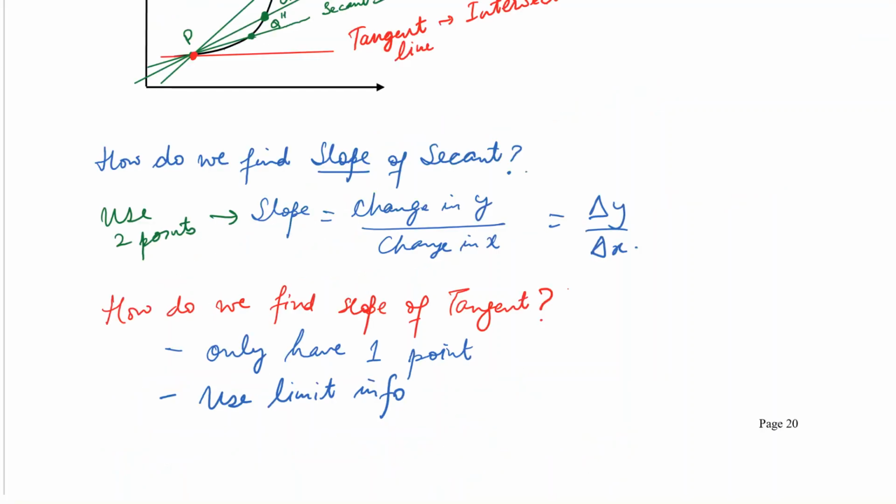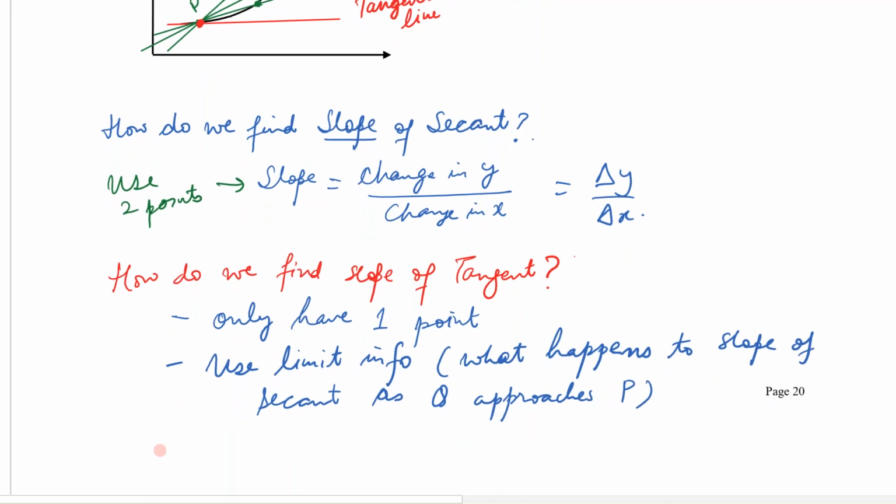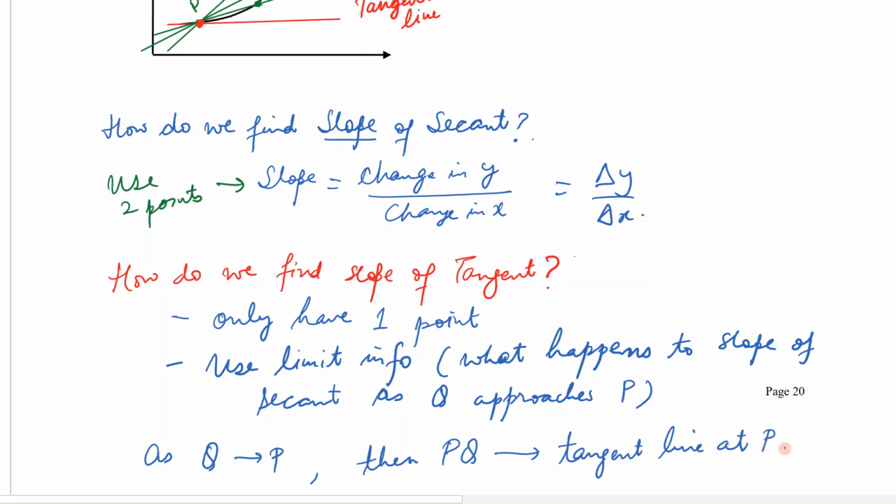We're going to use the information about what happens to the slope of the secant as Q approaches P. As Q approaches P, then PQ is going to approach the tangent line at P, and using this we can find the slope of the tangent line.